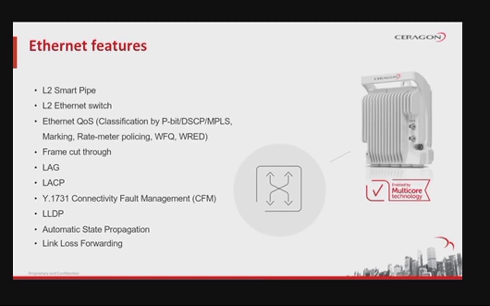IP-20C provides personalized and granular quality of service that enables operators to customize traffic management parameters per customer, application, service type, or in any other way that reflects the operator's business and network requirements. Features like quality of service, LAG, LLDP, ASP and others are now standard for IP-20C.